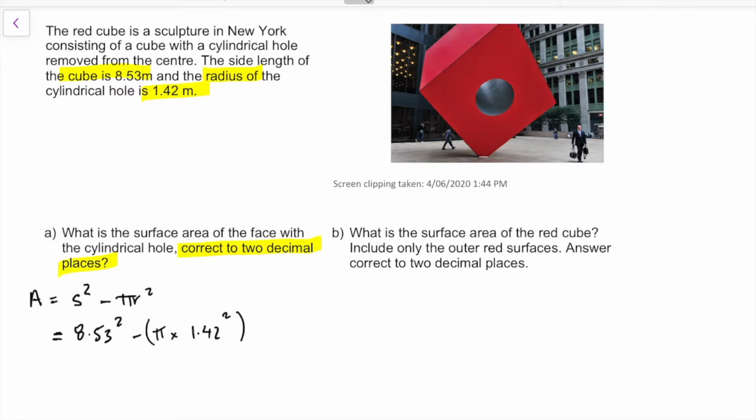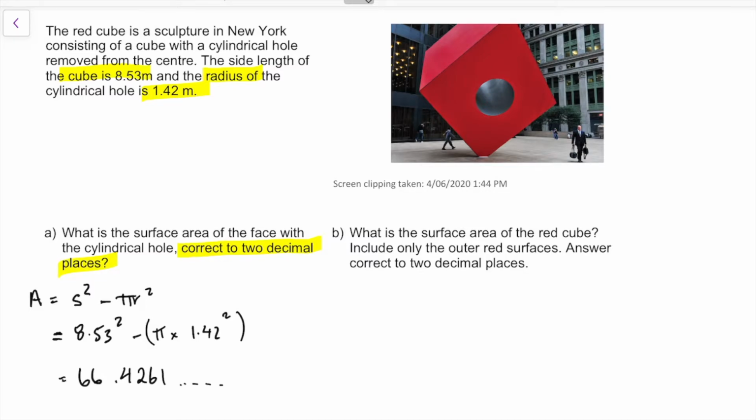I like to put things in brackets sometimes just to keep things a little bit under control as to how they need to get done. It just makes things a little bit nicer to do. We pop that into a calculator and we're going to get 66.4261 on and on and on.